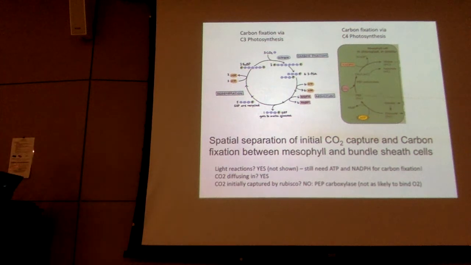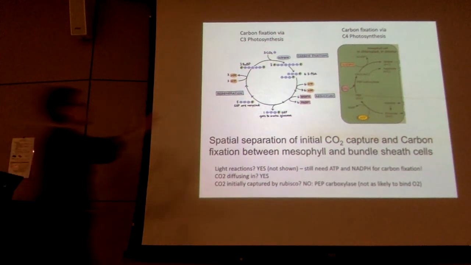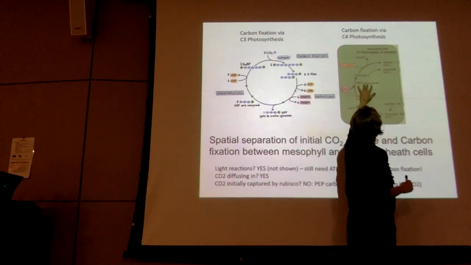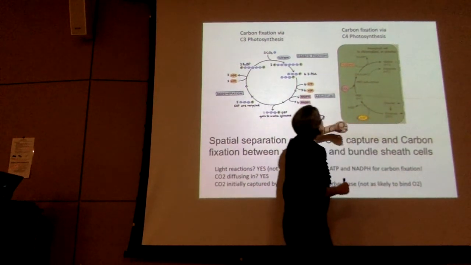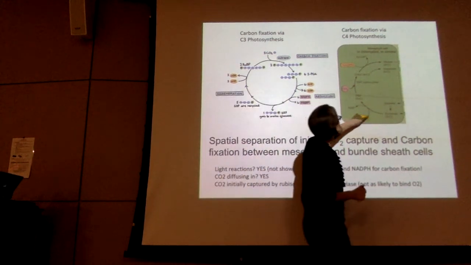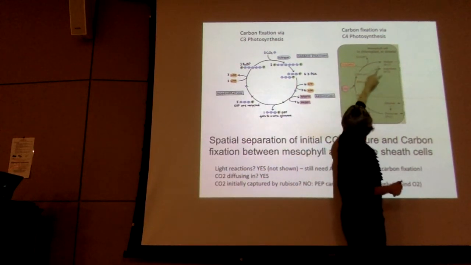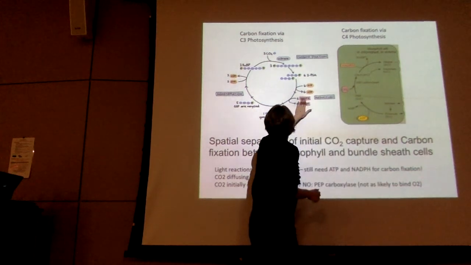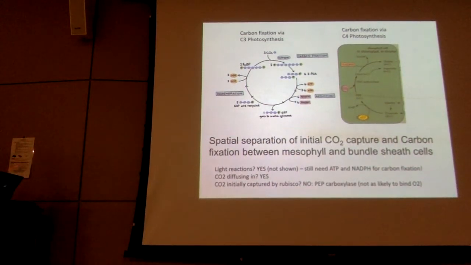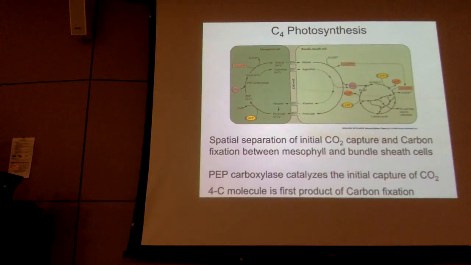I'm not going to make you learn all of the names, but you should know Rubisco, and you should know PEP carboxylase. Note that we've got ATP going in and NADPH going in, same as here, still using those products from the light reaction.